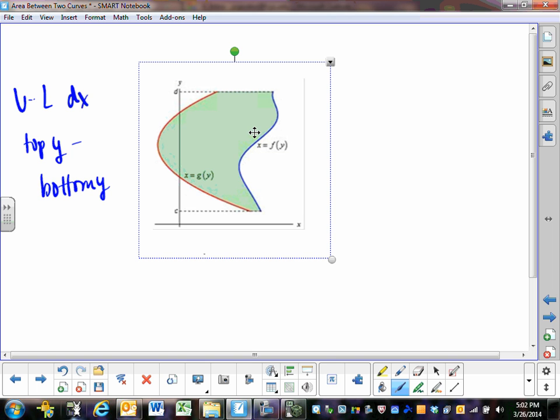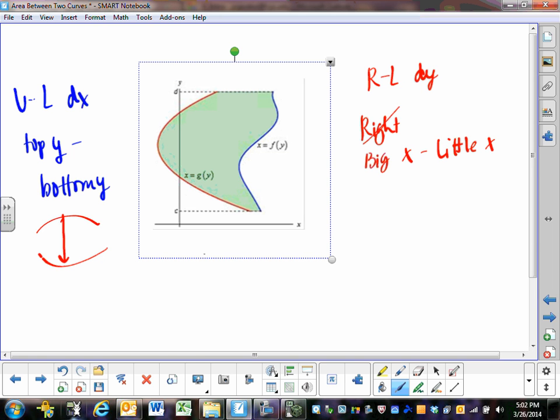When the functions are in the other direction, we're going to have to do right minus left for a dy question, because it's the right hand x, or the big X minus the little x. So the bigger value minus the smaller value. When we have curves on top of each other, the big Y minus the small y gives us a positive length.